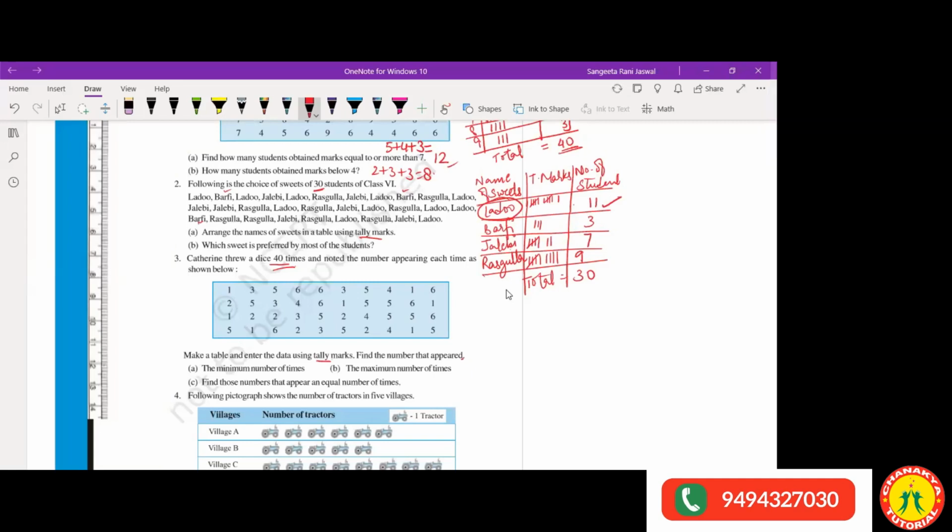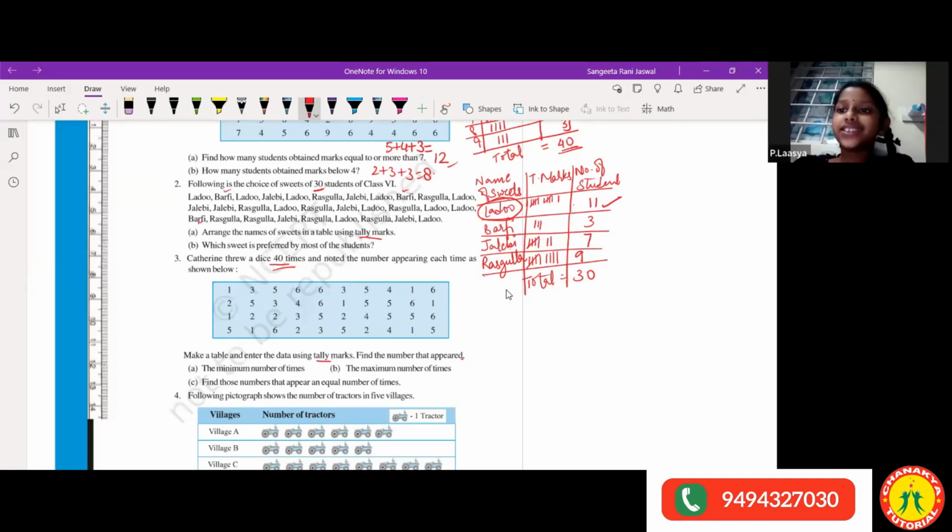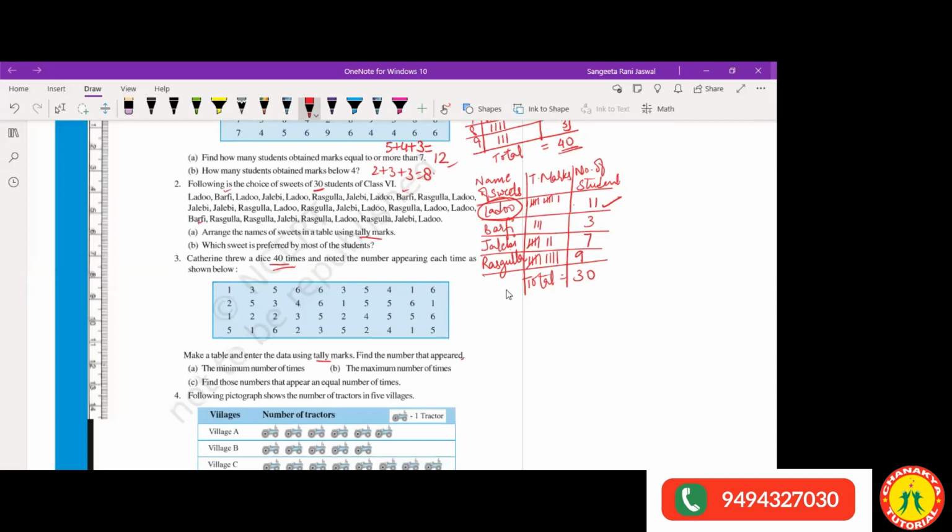And every time she threw, she must have got some number. On a dice there are numbers that range from 1 to 6: 1, 2, 3, 4, 5, 6. You have to make a tabular form of this. So please make the table.